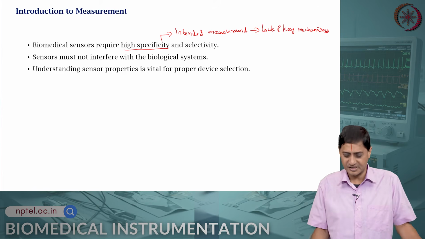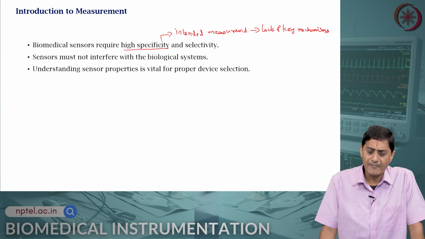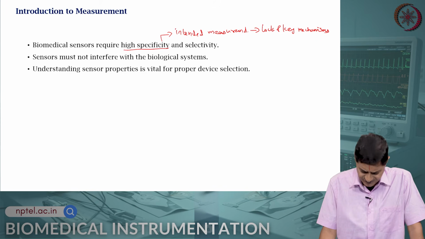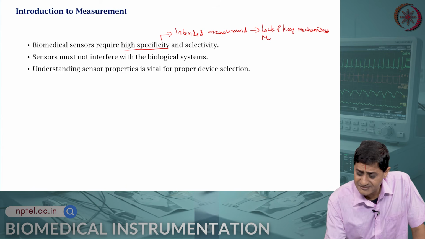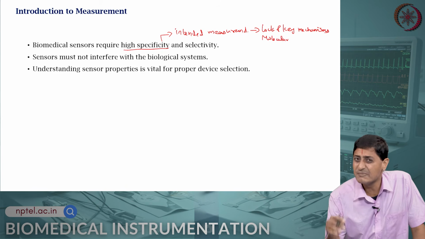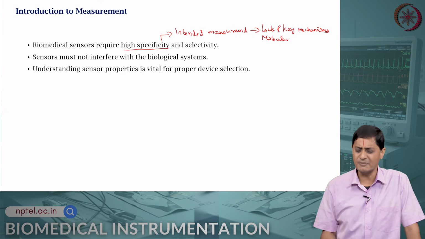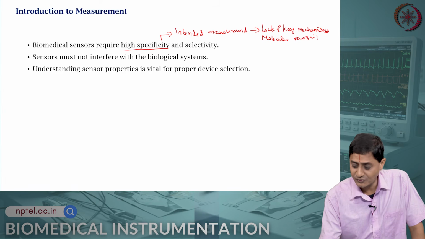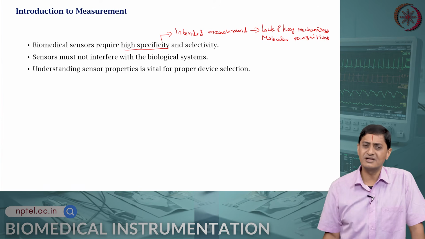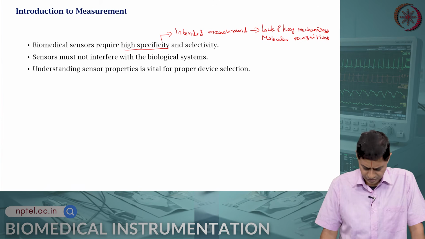By definition, it is not a lock, right? So you need to have these lock and key mechanisms to ensure specificity. Or other molecular recognitions, for example, at a deeper level. But in this course, we will not be focusing on molecular mechanisms, but that can be used. Just to mention that may be another method by which you can do that, right.